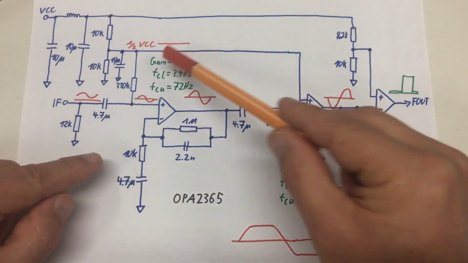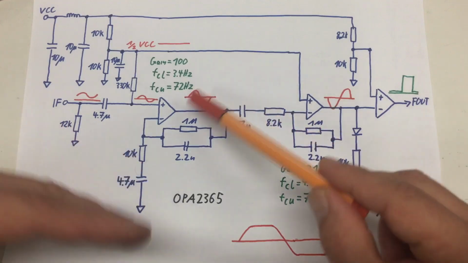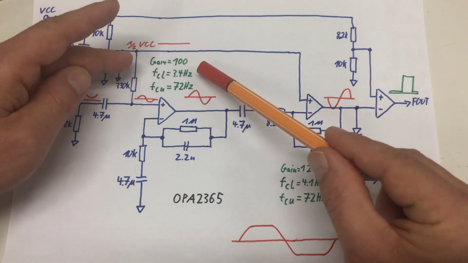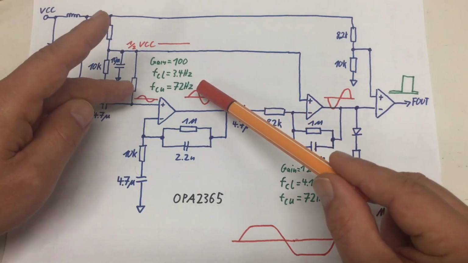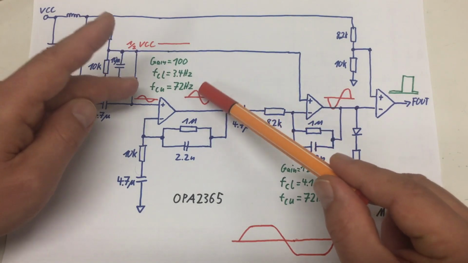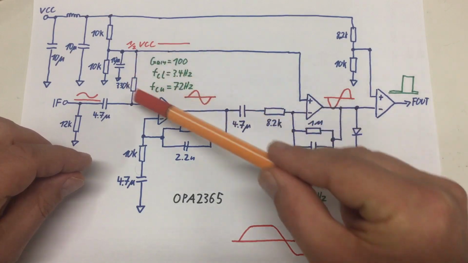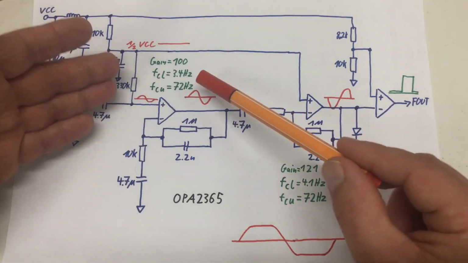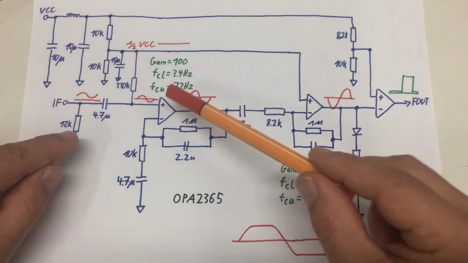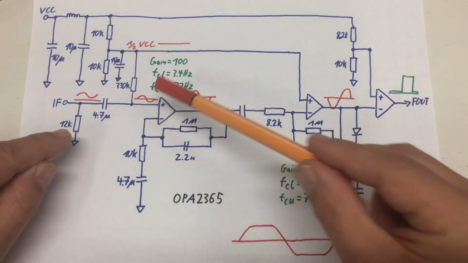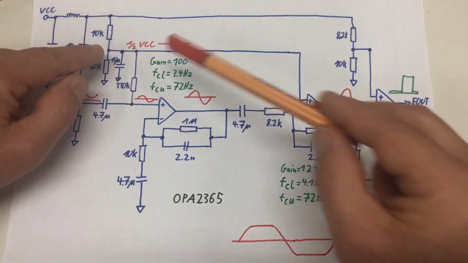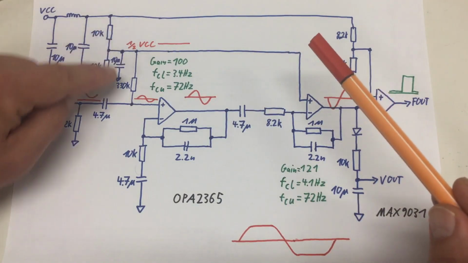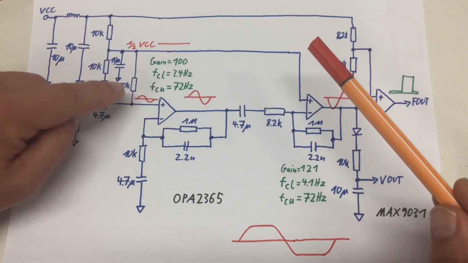Anyway, that thing has a gain in the pass band of 100, a lower cutoff frequency of 3.4 Hz, and an upper cutoff frequency of 72 Hz. And I didn't calculate these numbers myself. I took them from Limpkin's documentation. Note that the input here is biased to 2.5 volts, half VCC, through that 330K resistor.